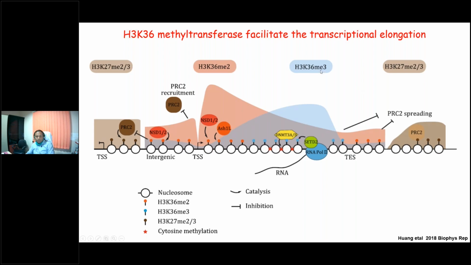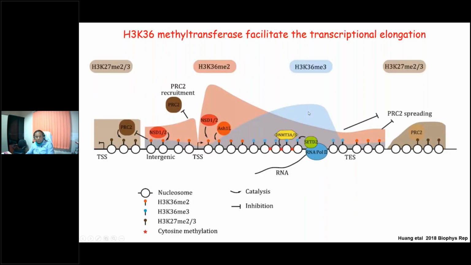But if you see H3K36 trimethyl, it increases on the gene body. It is present at a lower level on the transcription start site, but increases on the gene body. So that means the distributions of H3K36 dimethyl and H3K36 trimethyl are different at promoter and gene body.